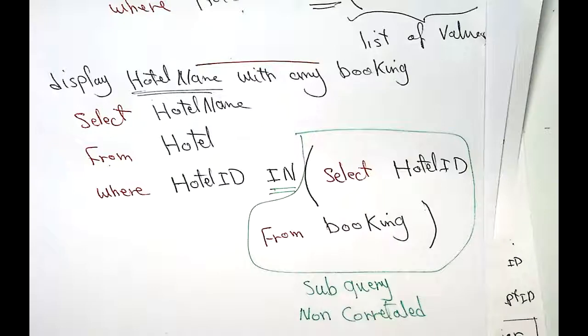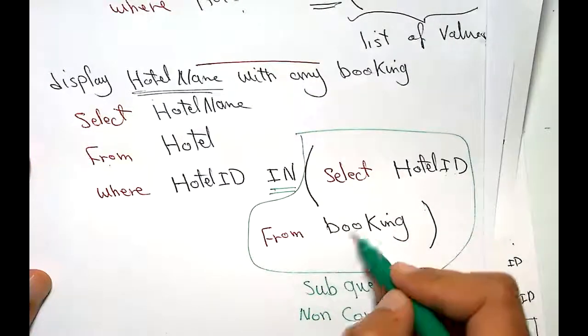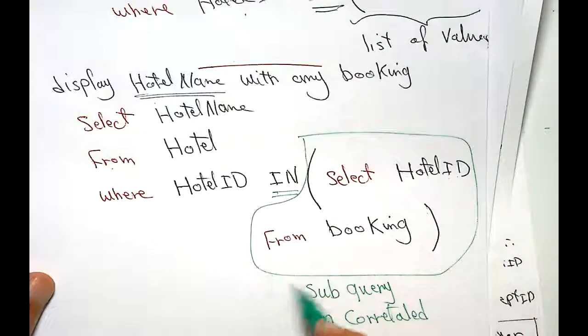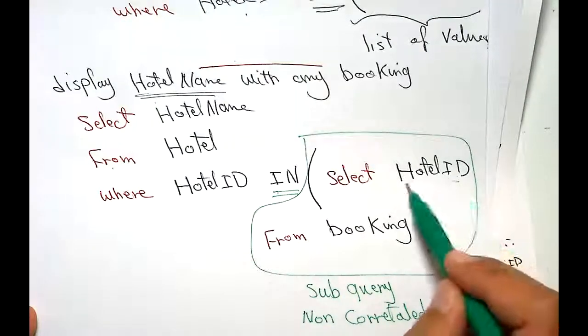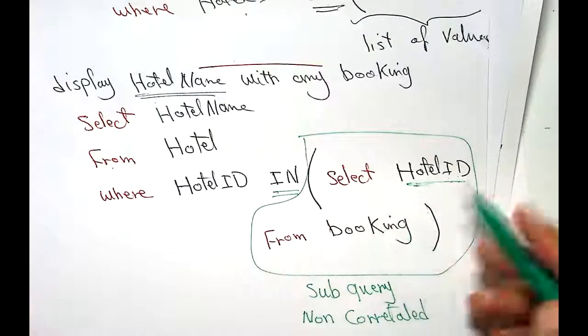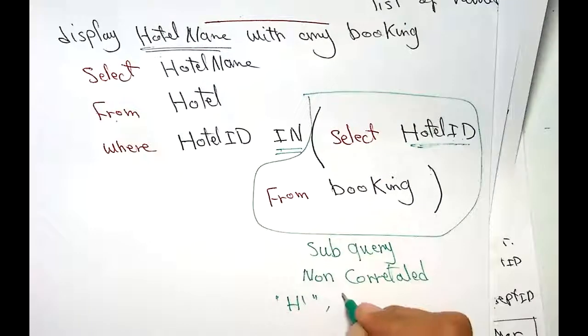So how will this query be executed? The subquery will be executed first. I'm going to select hotel ID from booking. This query will return a list of values. If I check the table booking here, the hotels with bookings are H1, H2, and H3. So this subquery will get the hotel IDs with any booking in the booking table: H1, H2, and H3.